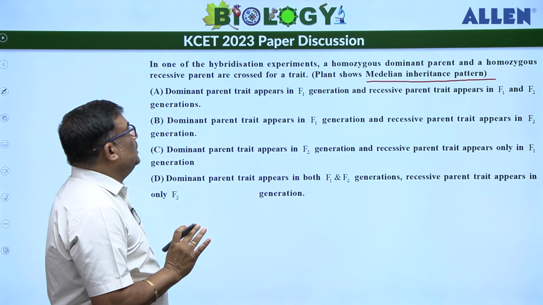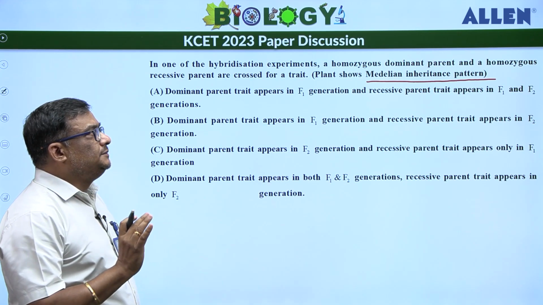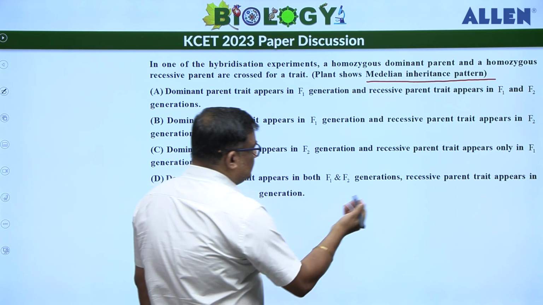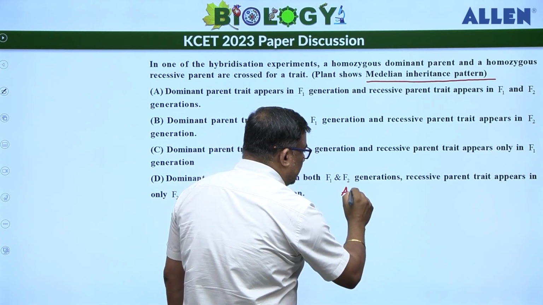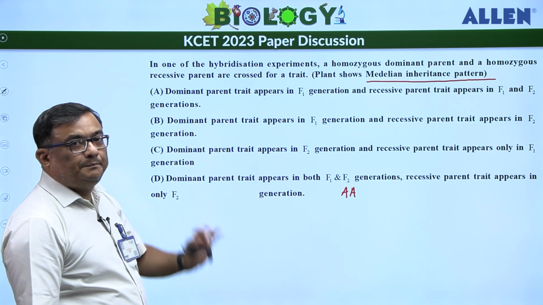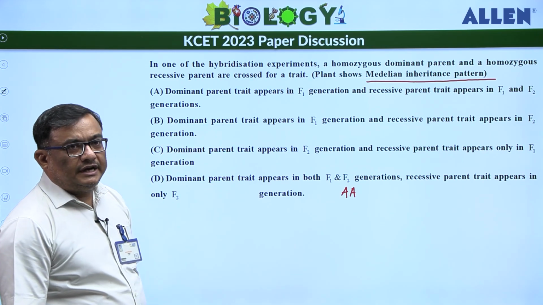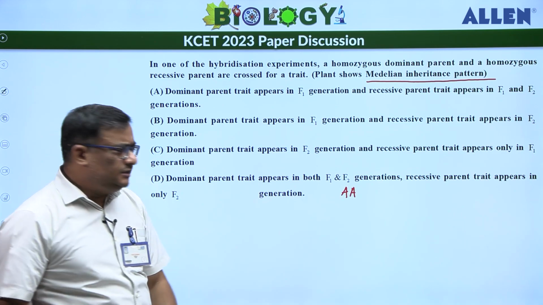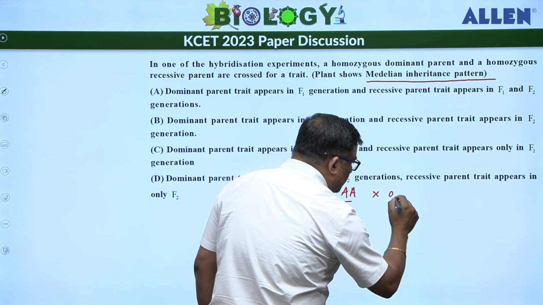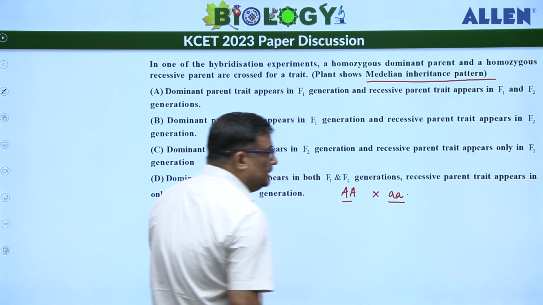Now, in one of the hybridization experiments, a homozygous dominant parent. Homozygous dominant means, let us take capital A, and a homozygous recessive parent are crossed for a trait. A can carry any trait. So this homozygous dominant is crossed with small a, that is homozygous recessive.